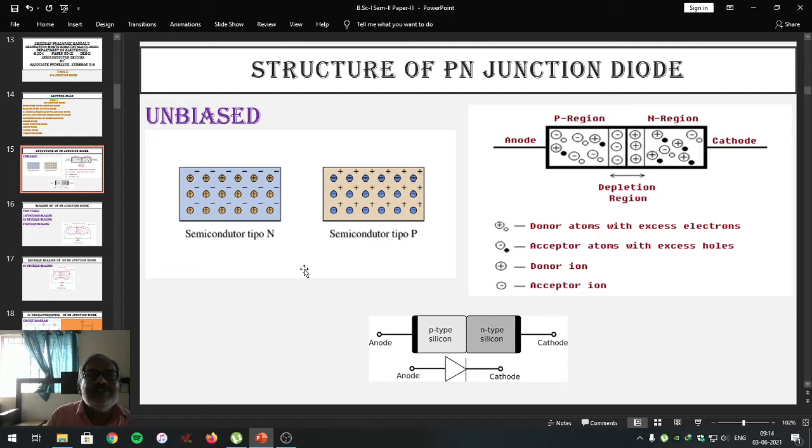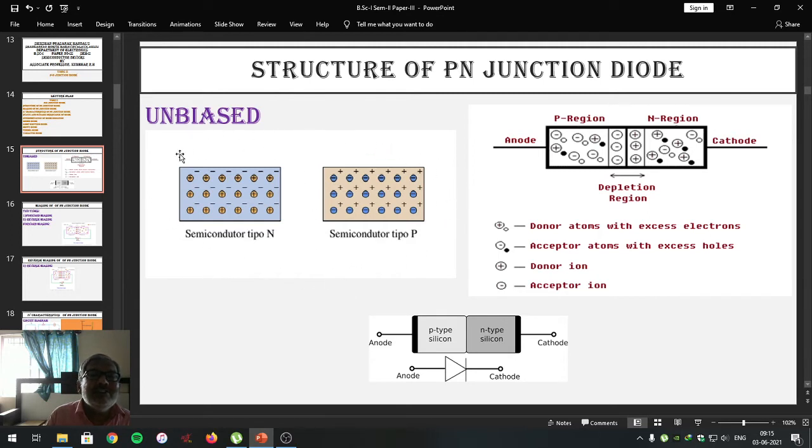We studied the structure of N type of semiconductor and also the structure of P type of semiconductor in the last 2 lectures, which is again represented in this particular diagram.